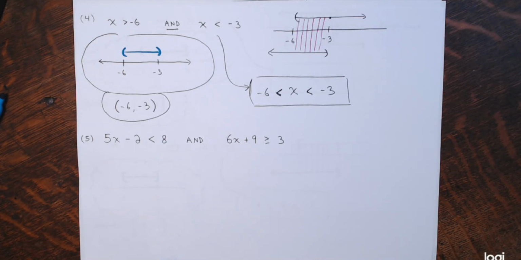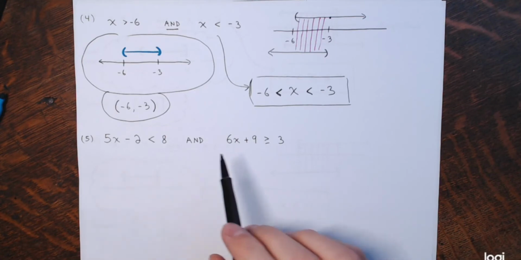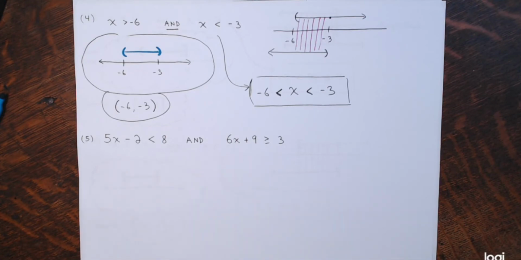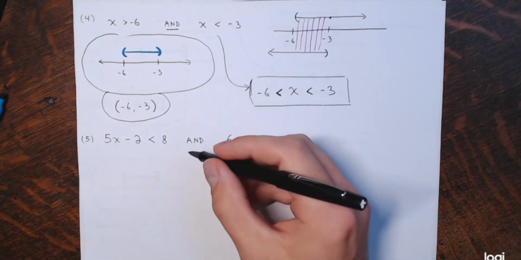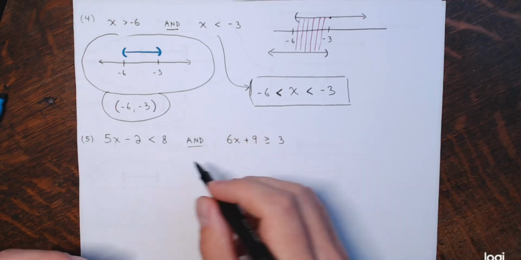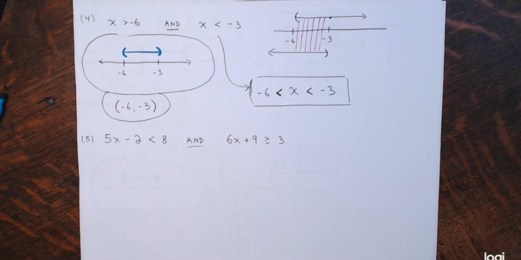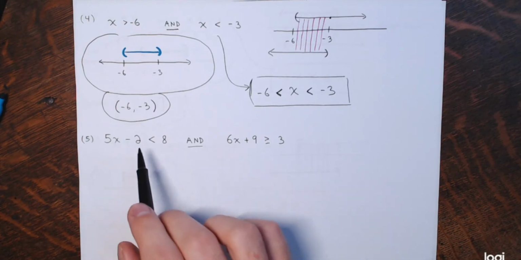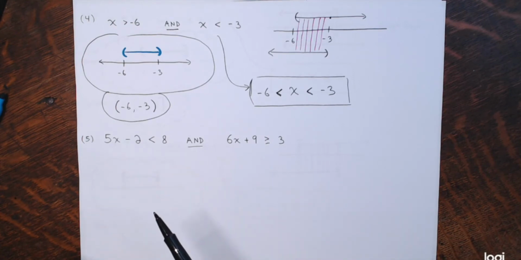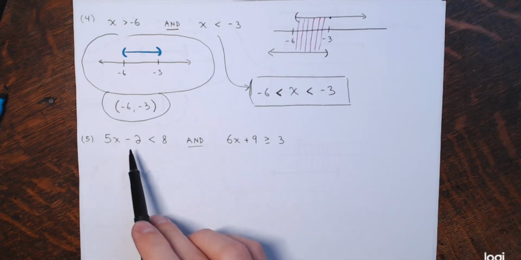From here on out, in the following examples 5 through 26, you actually have to do some solving first. They're still connected by the word "and," so it's still a compound inequality. We're looking for the numbers that satisfy both of these. What values of x can I use to make both of these true statements?